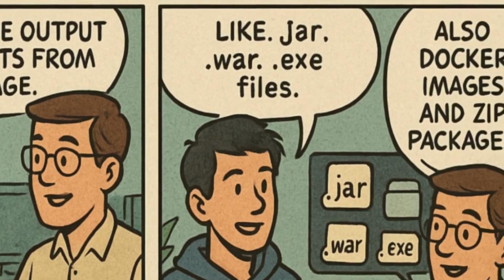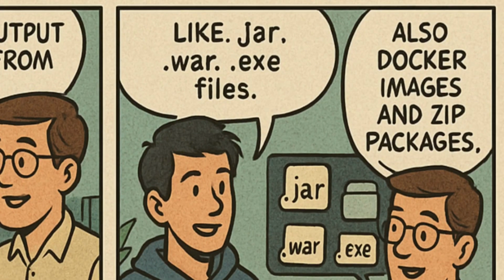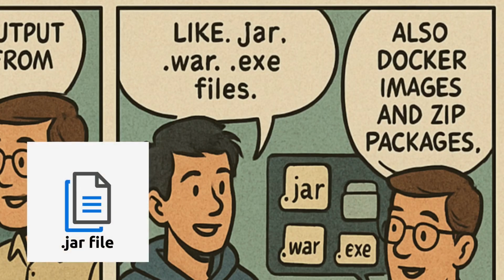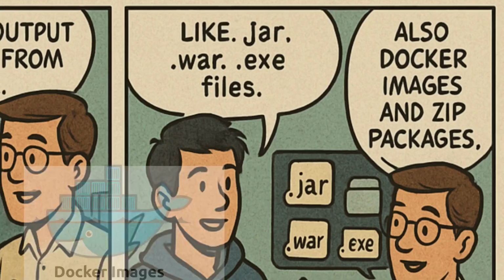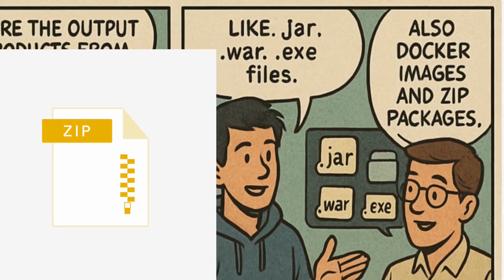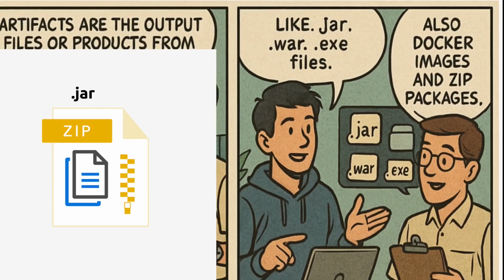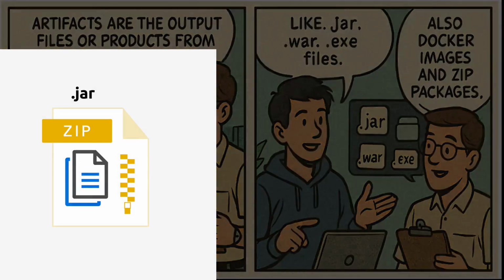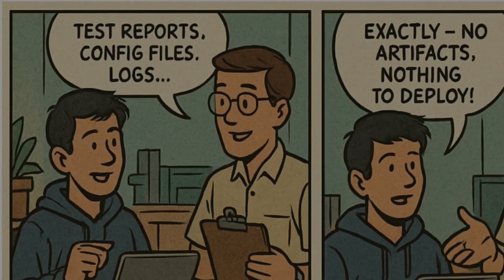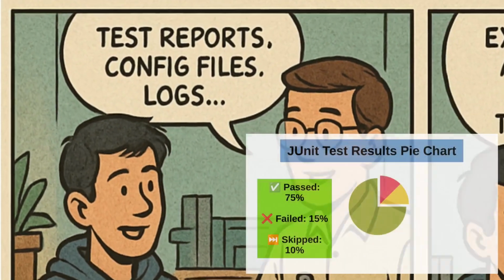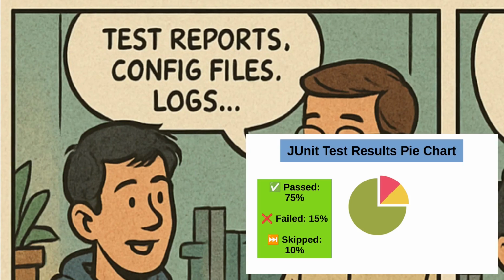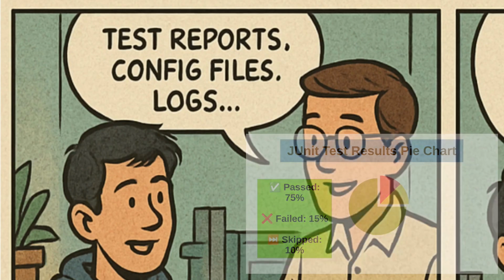Let's take a look at some common examples of artifacts in a CI/CD pipeline. Compiled binaries or executables, like .jar, .war, .exe, and so on. Docker images, zipped code packages, for example, a .zip file containing your .jar or .war. Another example is test reports, like unit test results or coverage reports.